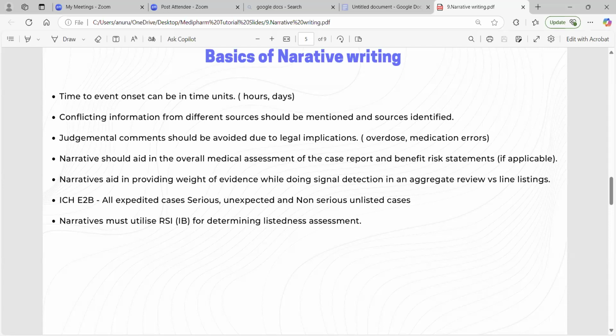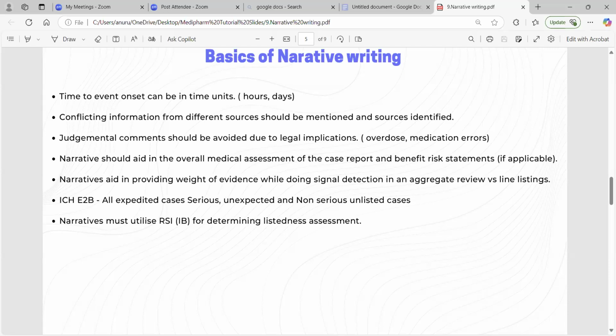So you can mention that in the narrative, saying that on March 2nd, 2025, the patient took metformin. Then you change the date, and write March 3rd, 2025, the patient experienced bloating after 9 hours of taking metformin.